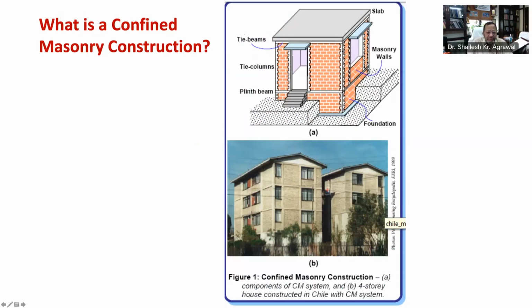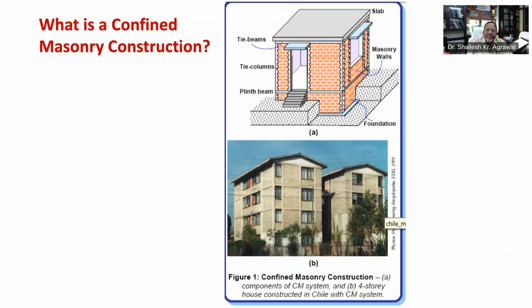Then you have small RCC vertical and horizontal confining elements built around these masonry walls. And then you have RCC floor and roof slabs built monolithically with these confining elements. These vertical and horizontal confining elements are called tie beams and tie columns.